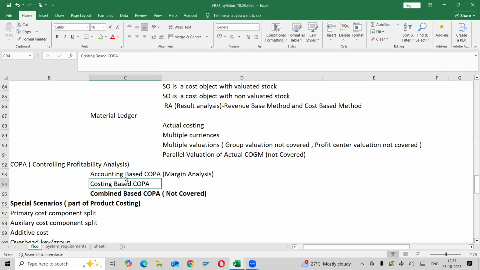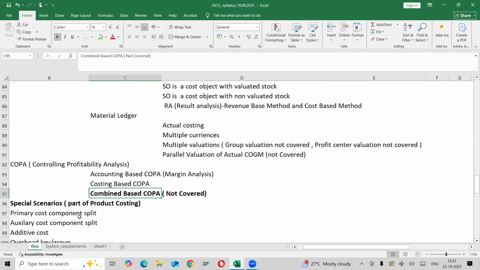I will cover both in depth, 99%. If there is 1% I'm not aware of, I'll check and explain. Combined COPA will not be covered. Combined COPA is a combination of these two. I need to spend almost 1.5 months on these two, and combined would again take 1.5 months. So it is not part of the course itself.